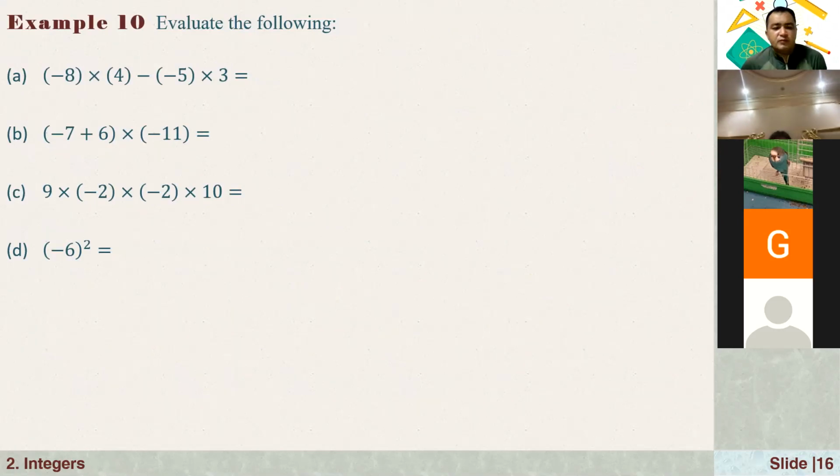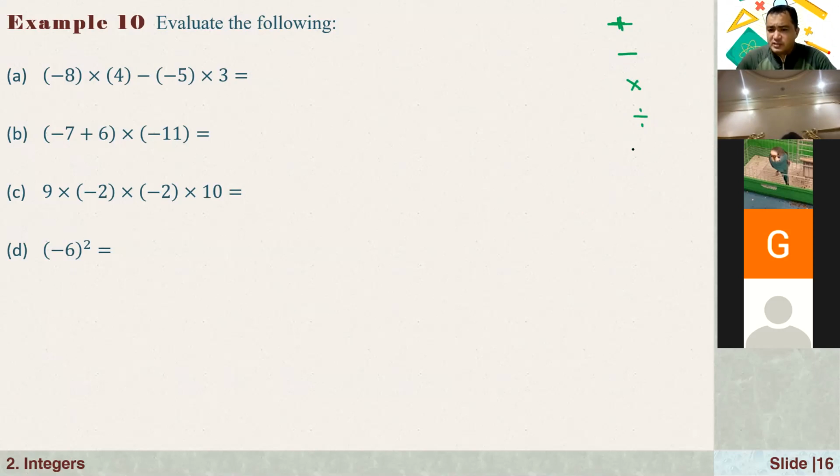Now, how about if you are given more expressions, more numbers? So we have to simplify one by one. First, we know that in math we have 4 operations. Number 1 is addition, second is subtraction, third is multiplication, and the last one is division.